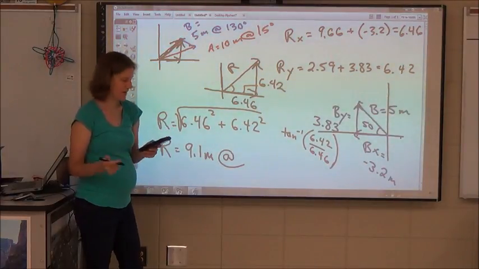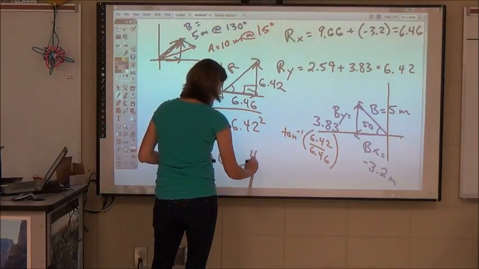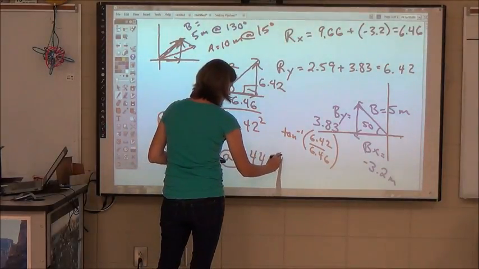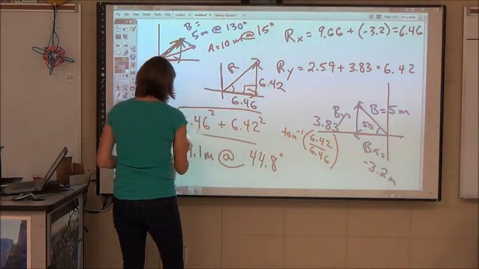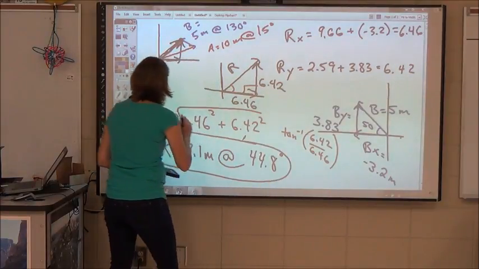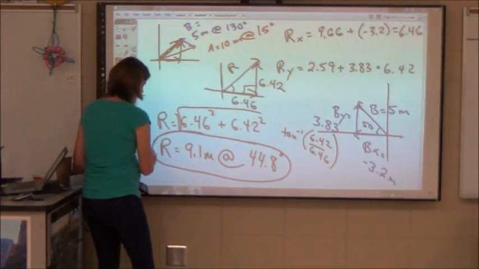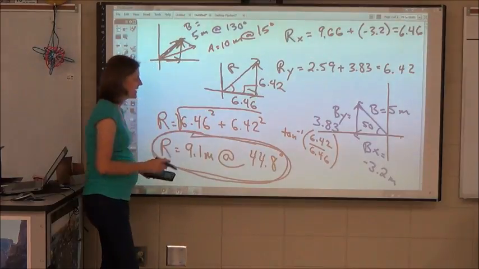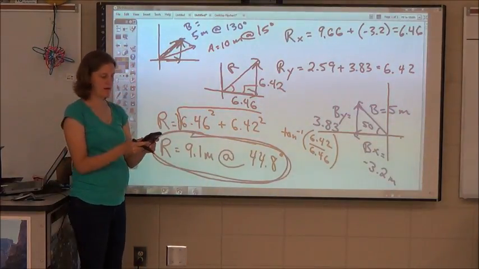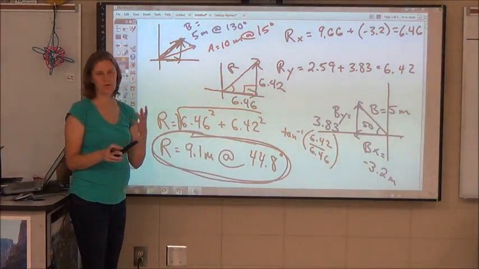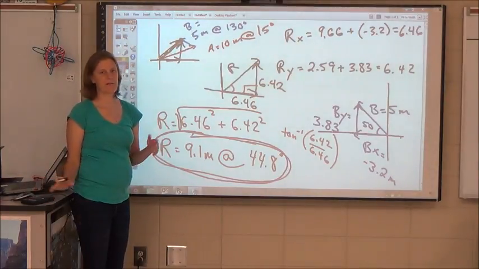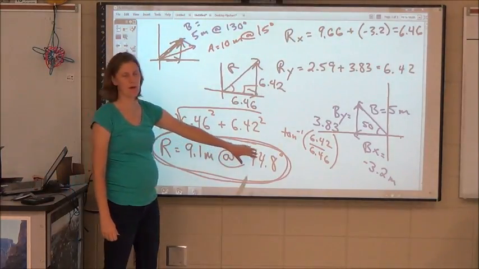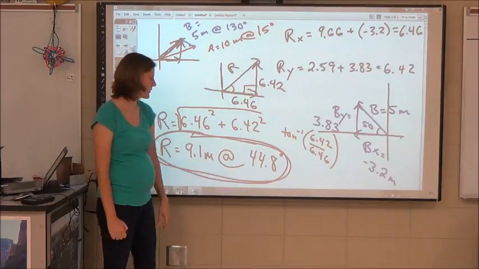Yeah, 44.8. And the angle is usually what tells me how good you made your drawing when you use the graphical technique, because if your angle is way off, then I definitely know something went wrong.